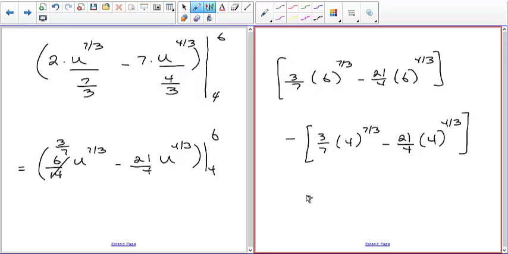It's a minus times a minus, so I get plus 21/4 times 4 to the 4/3 power. And something's wrong here. Oh, I see it. Missed a parenthesis.